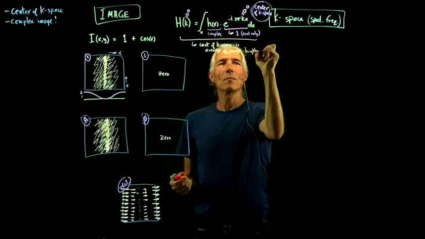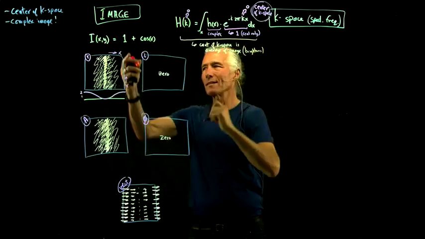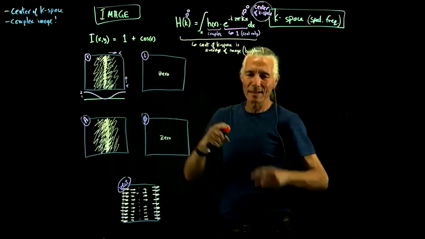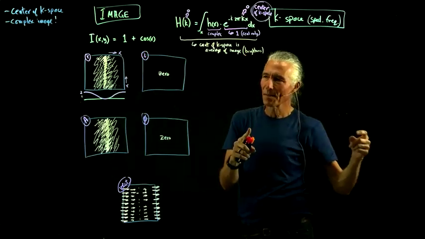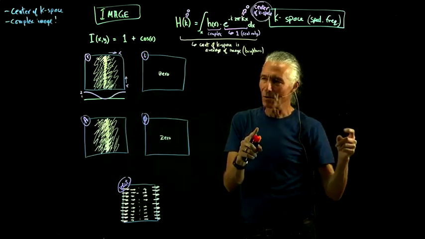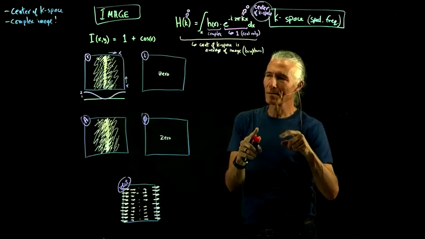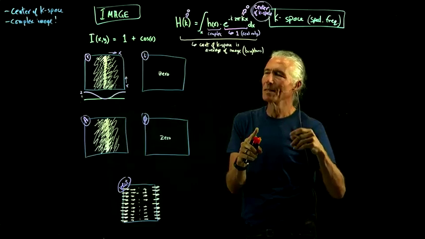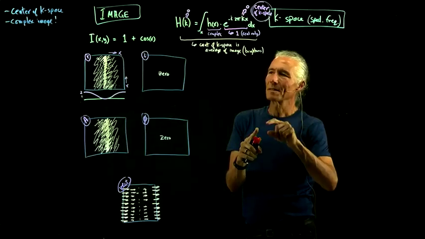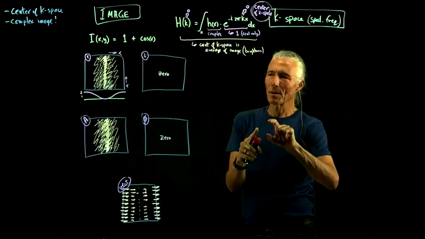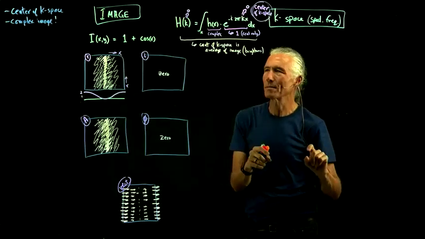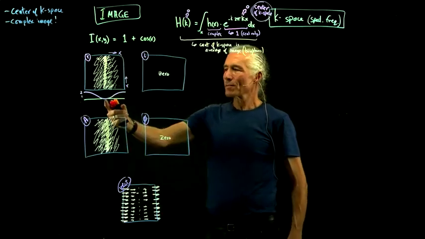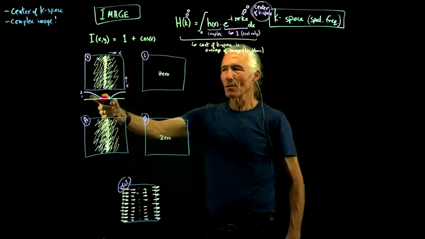So if we go back to our original cosine brain that didn't have 1 added to it, what's the average of a cosine? Well, the average of a cosine is 0, because there's just as much positive cosine as negative cosine. The positive part will always have an equivalent negative part somewhere in the wave across a cycle. But the average of this one isn't 0.